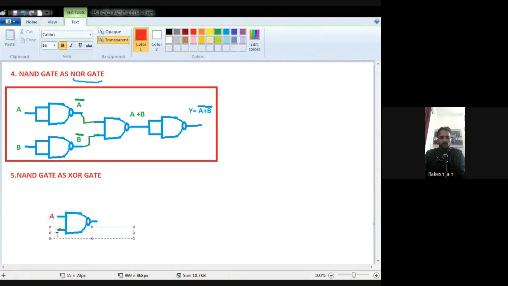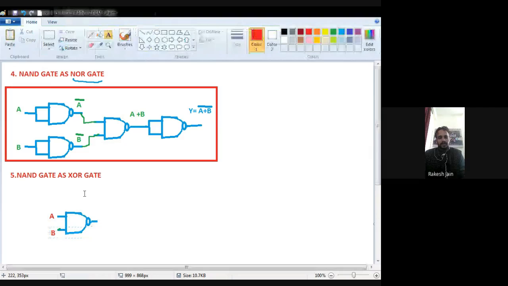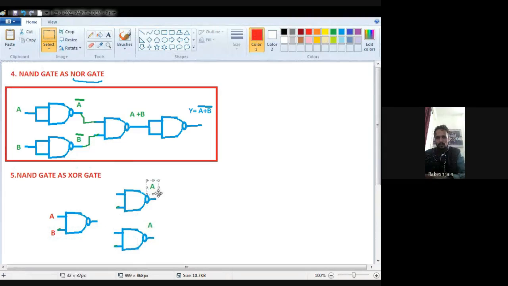The first input is A, the second input is B. Now I use another NAND gate, in which one input is connected to the common input, and the second input is connected with the output of the first NAND gate. This is the first NAND gate, so connected with this.